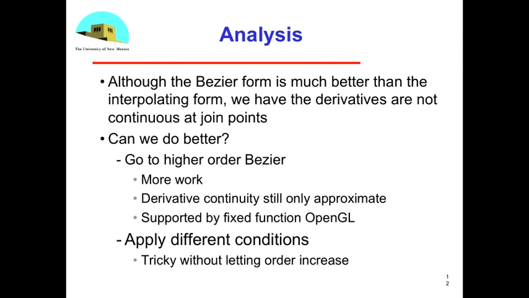There are only 4 parameters we can control. In fact, we can do better, and we'll see the price we have to pay for doing that, but we can actually get more continuity at the join points with a cubic than we could with the Bezier. In fact, we'll get second derivative continuity at those join points.